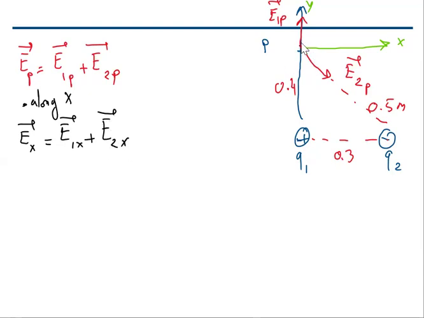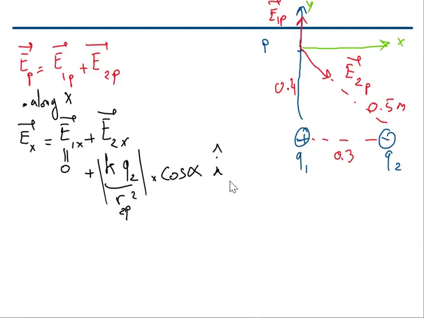What about the X component of the first vector? There is no X component, it's 0. Plus the X component of the second vector, it's K Q2 divided by the distance between Q2 and P squared, in absolute value, multiplied by cosine alpha multiplied by the unit vector i of the X axis.